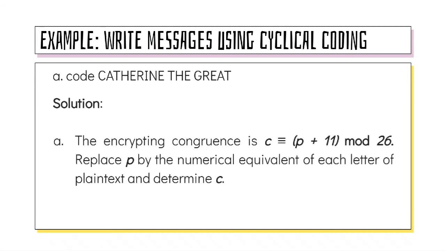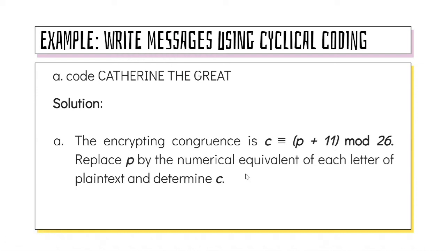For the solution, class, the encrypting congruence we will use is the one from plain text to ciphertext. So this would be C congruent to P plus M, which is the number of positions given earlier, 11, mod 26.